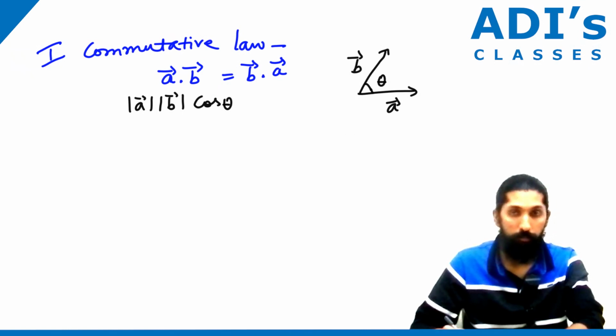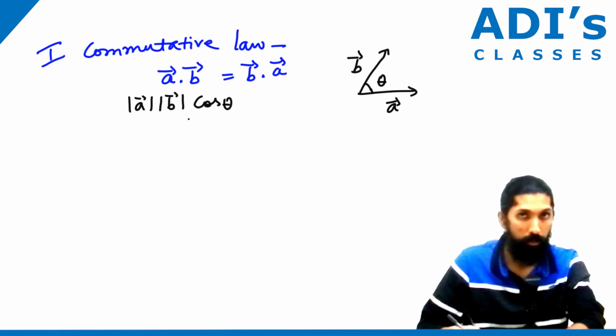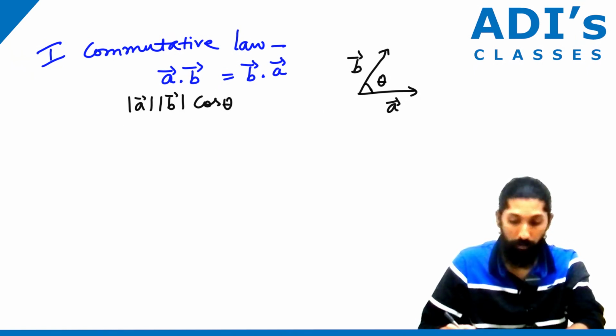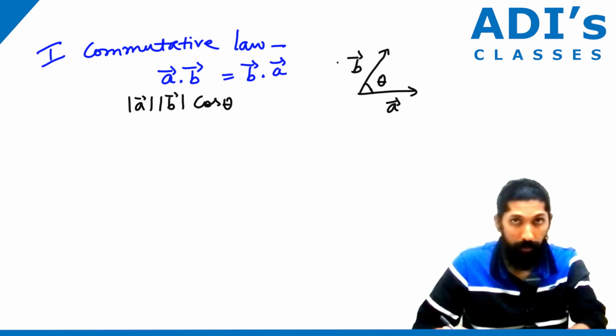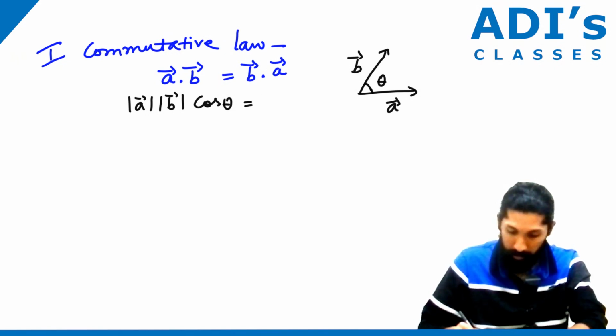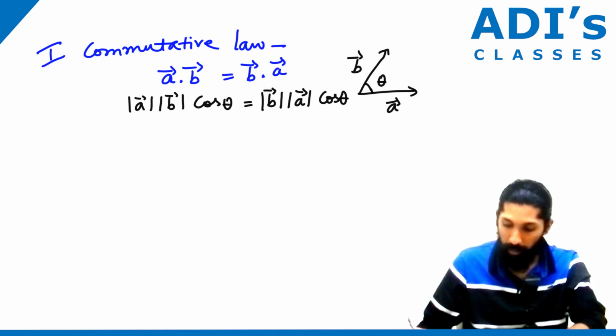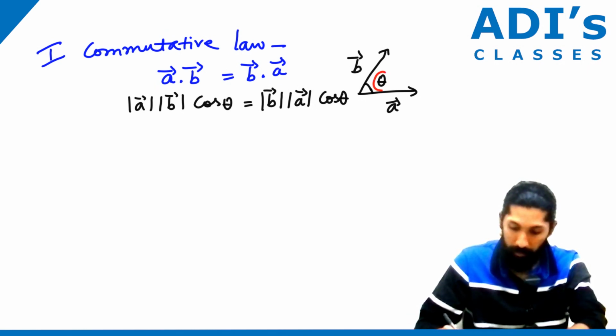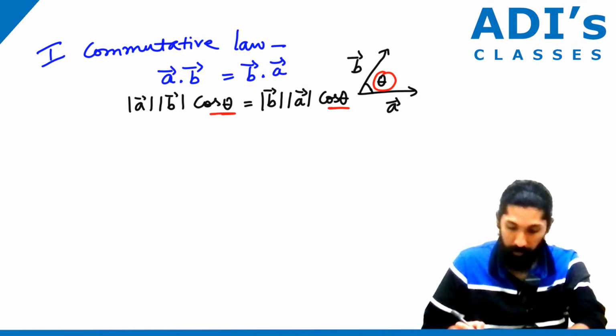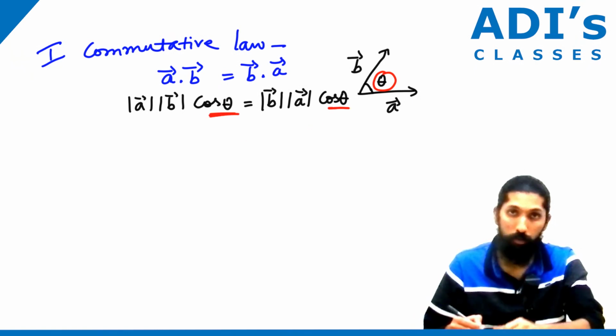When we take A dot B, we take mod of A, mod of B cos theta. Theta is the angle between them. Now when you take B dot A, we can write this as mod of B into mod of A into cos theta, because this theta remains the same, isn't it? This is also theta, this is also theta. There is no difference whatsoever.